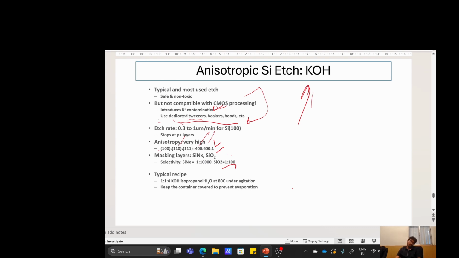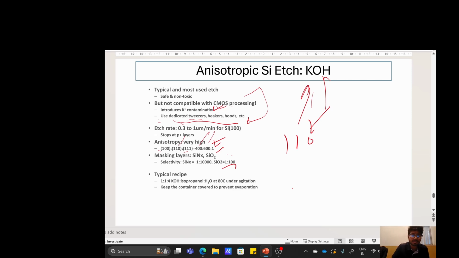For highly doped silicon, this KOH reaction stops. And the anisotropy is very high for the 110 surface. The 110 surface etches much faster than the other surfaces. The 111 is the least etched; it doesn't get etched.